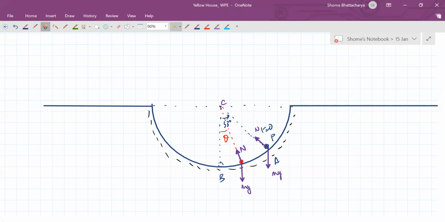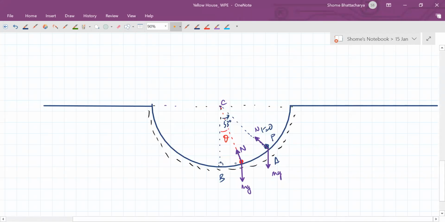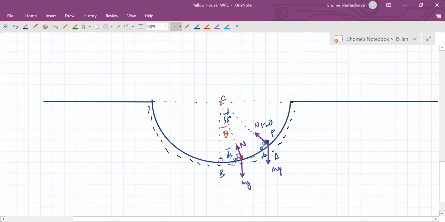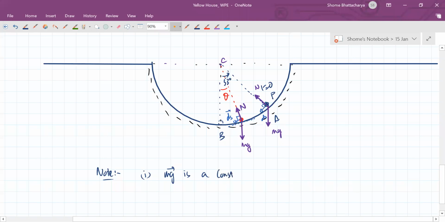Now, if you compare this with the immediate differential displacement, that is along the tangent. So the ds vector will be always along the tangent to the circle at that point. So this angle is always 90. So what happens is mg is a constant force.